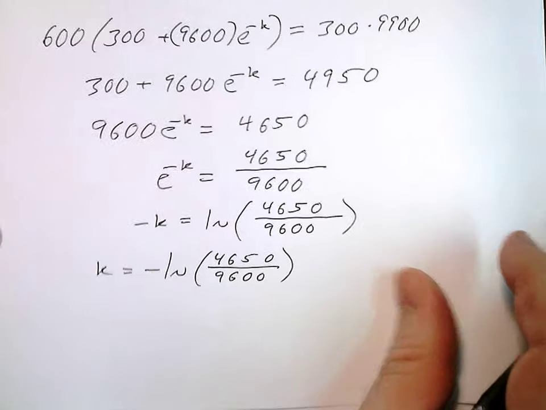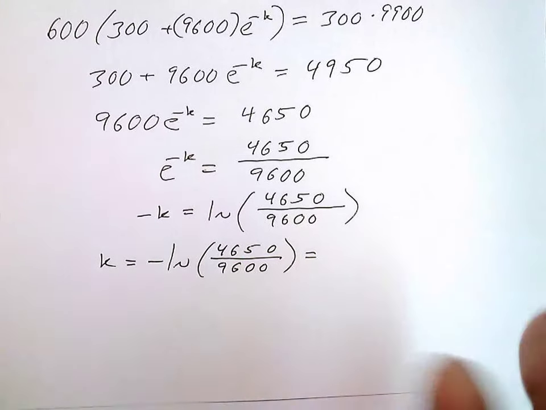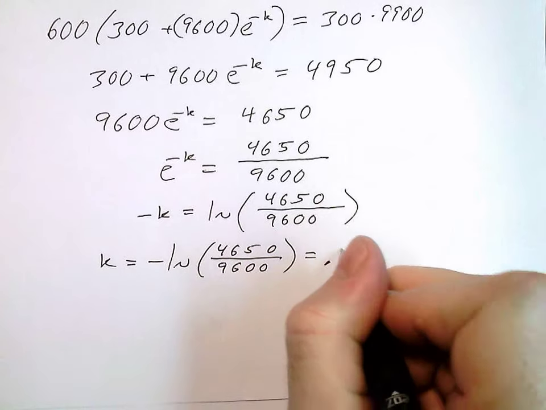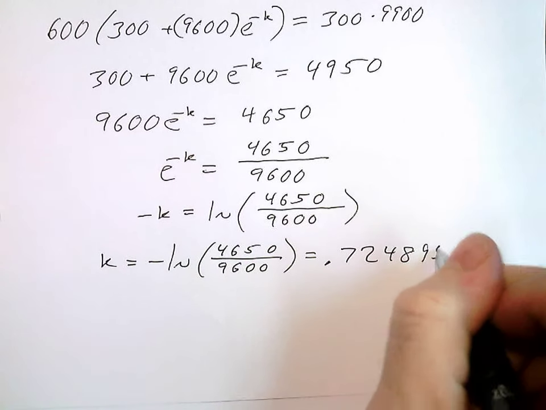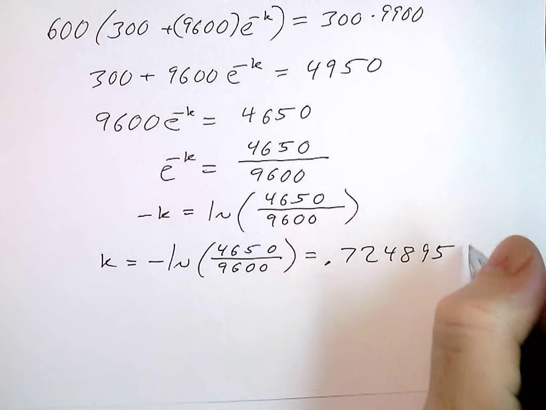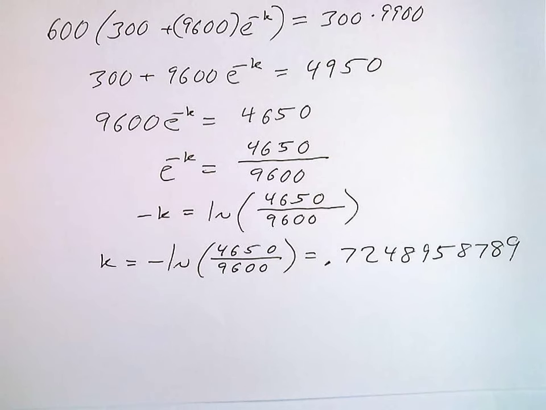This turns out to be about 0.7248958789. I went out pretty far on here because of WebWork. I want to go as far as I can, so it'll take the answer.